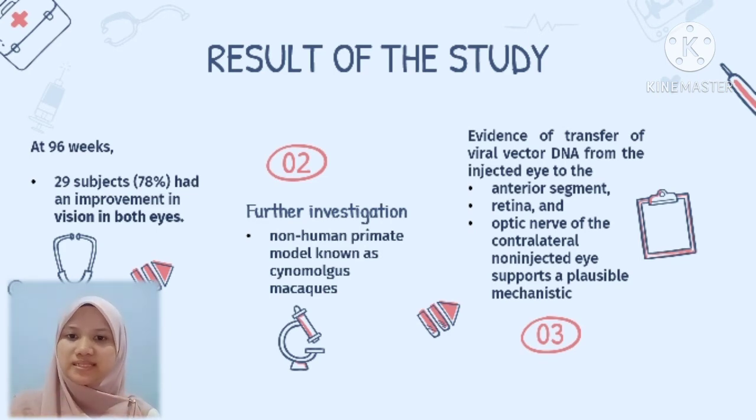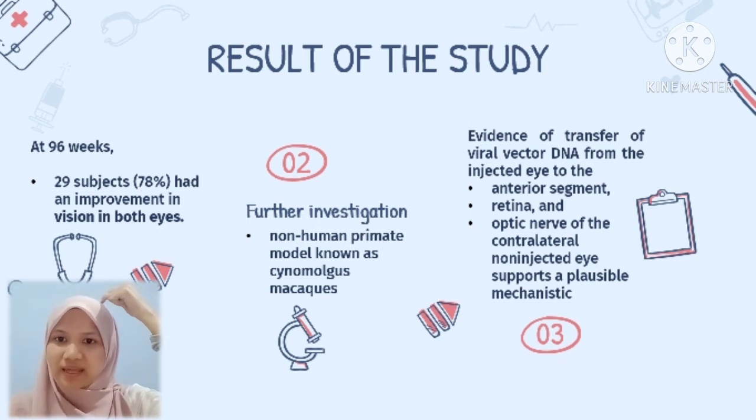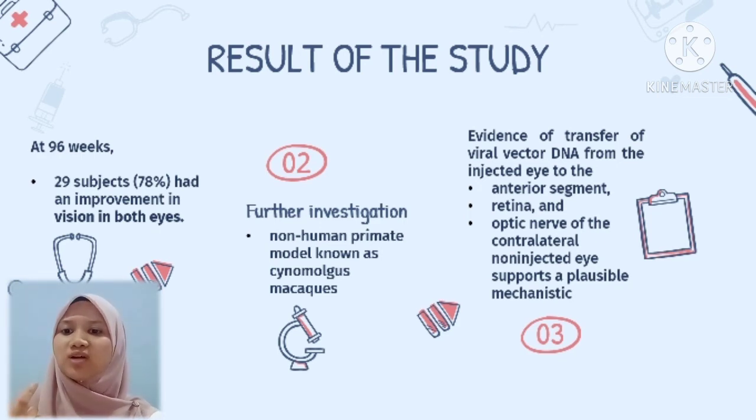Then they noticed that the viral vector DNA had moved from the injected eyes to the anterior segment, retina and optic nerve of the contralateral non-injected eyes, supporting a plausible mechanistic explanation for the unexpected bilateral improvement in visual function after unilateral injection.